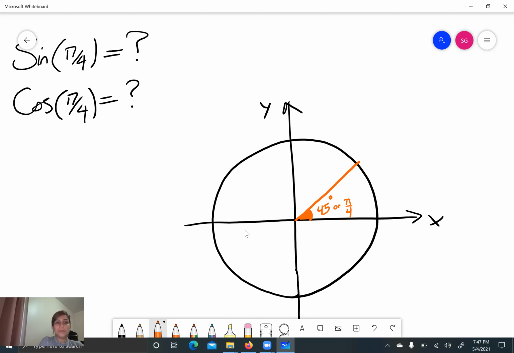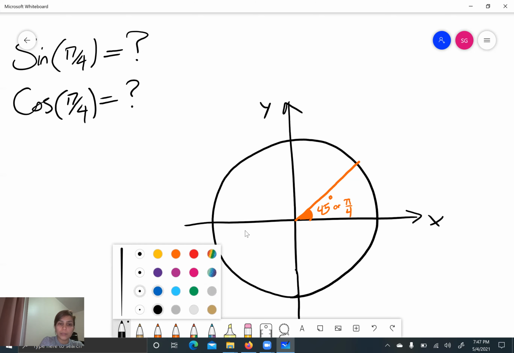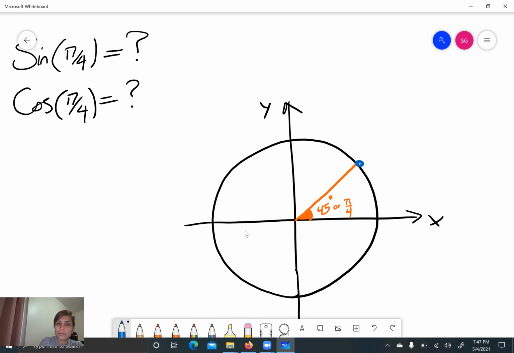So this corresponds to this point, right? It has x and y values. The x is right here. I think I need more space. Okay, I'm gonna draw a little. So this is gonna be the x, you see?